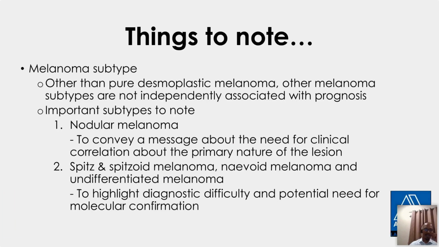Now, with regards to those parameters, there are also some things to note. Things like melanoma subtype. The Americans are not as rigid about subtyping the melanoma in the report, and the reason for that is because the staging and prognosis is more dependent on the Breslow thickness and not so much the type of melanoma, with the exception of pure desmoplastic melanoma, because pure desmoplastic melanomas hardly metastasize to lymph nodes.